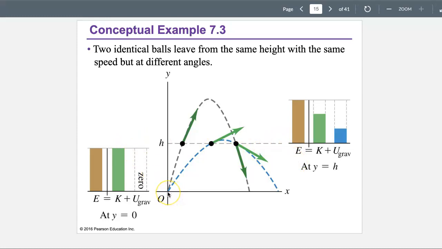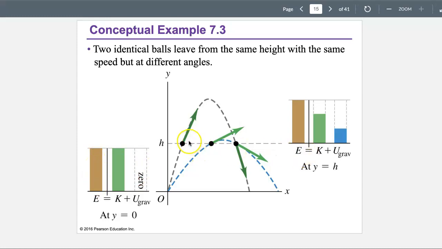Here we see the object with the maximum velocity, and I will say we're gonna have mostly kinetic. I can choose my level to be y0 equals UG equals 0, but my E is gonna be the total of the green plus the 0, and then it's gonna be this yellow here.